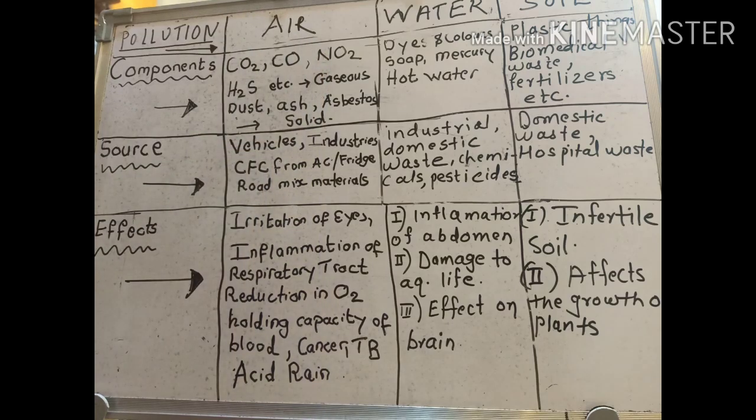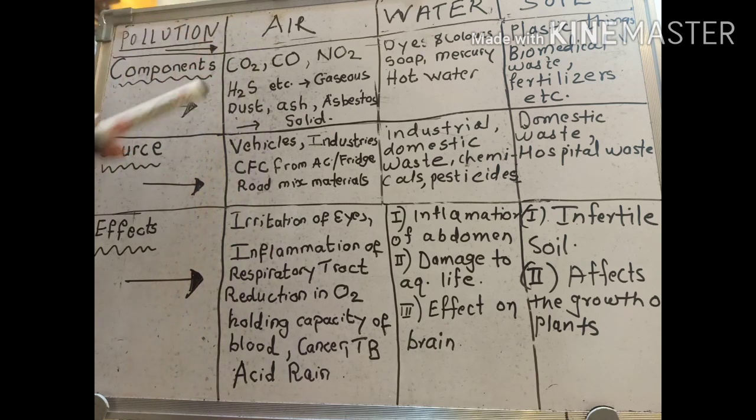Carbon monoxide basically is a pollutant that is released into the atmosphere due to incomplete combustion of fossil fuels from vehicles. Then you have nitrogen dioxide released from various industrial processes, hydrogen sulfide also released from various industrial processes. So these are some of the gaseous components of air pollution.